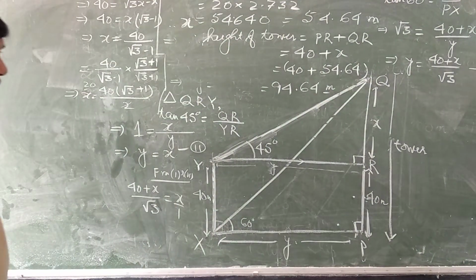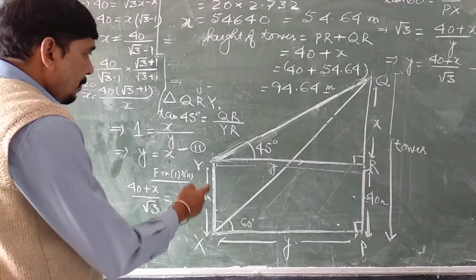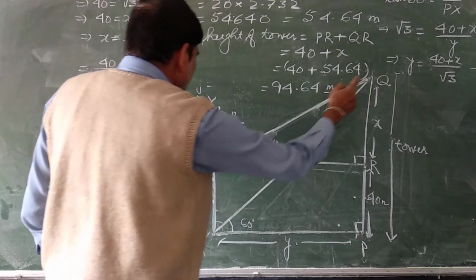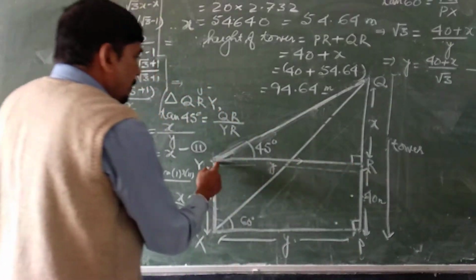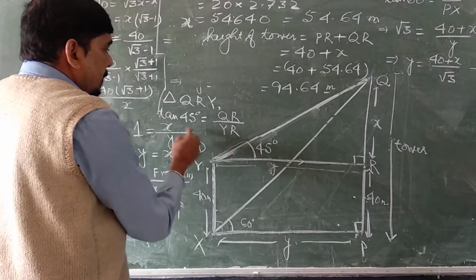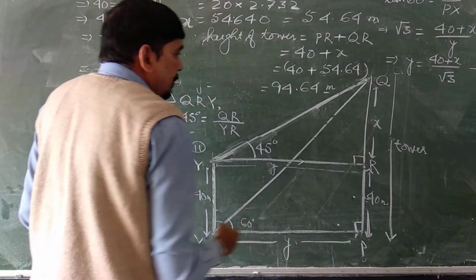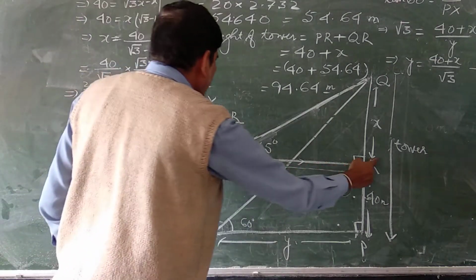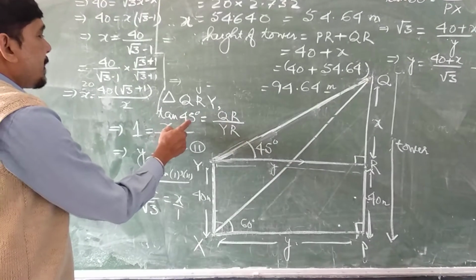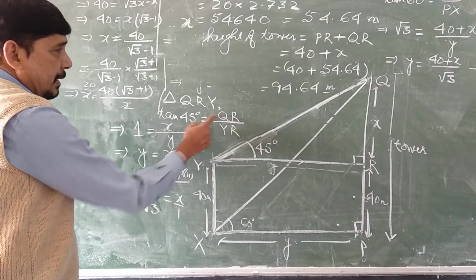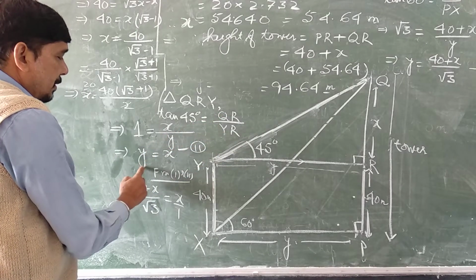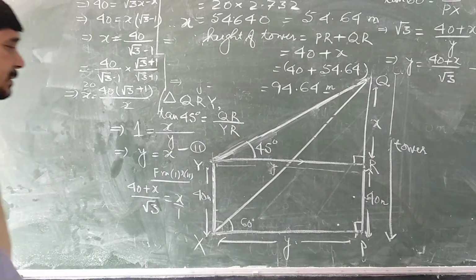Now in triangle QRY, tan 45 degrees is perpendicular QR by base YR. Putting the value of tan 45, 1 is equal to x divided by y. Therefore y is equal to x.